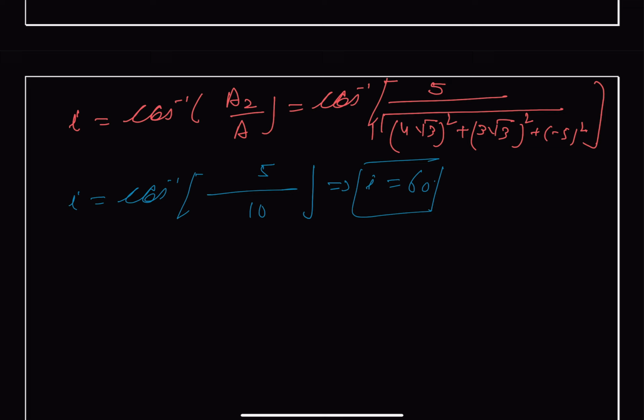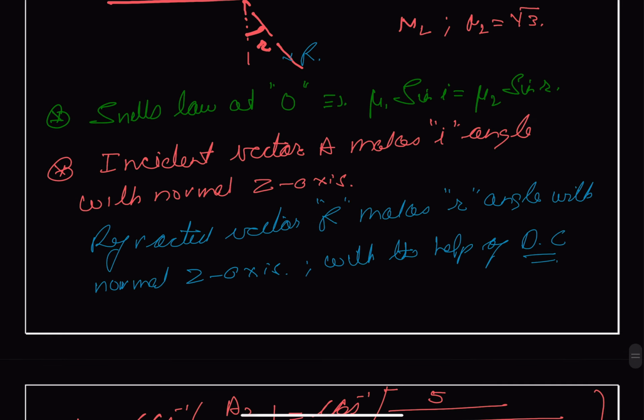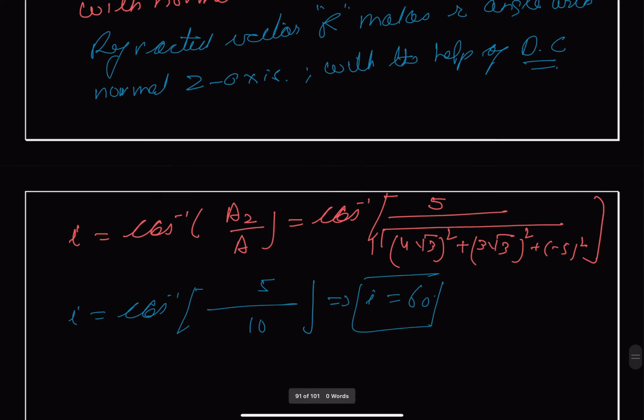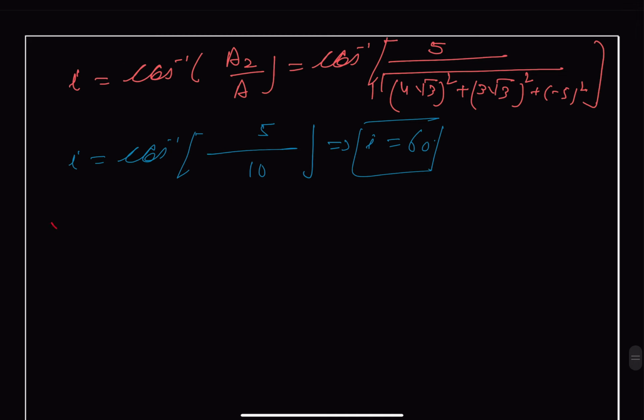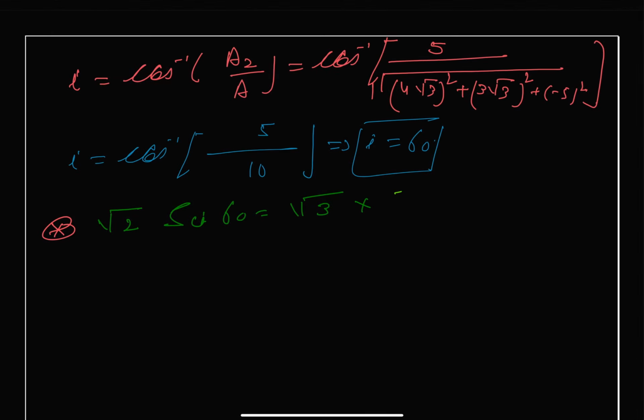Now we can easily find out the angle of refraction, because Snell's law is mu1 sine i is equal to mu2 sine r. So we can write here square root of 2 sine 60 is equal to square root of 3 sine r.